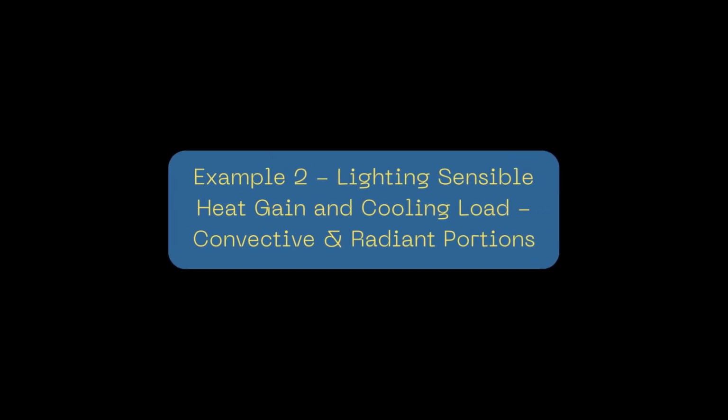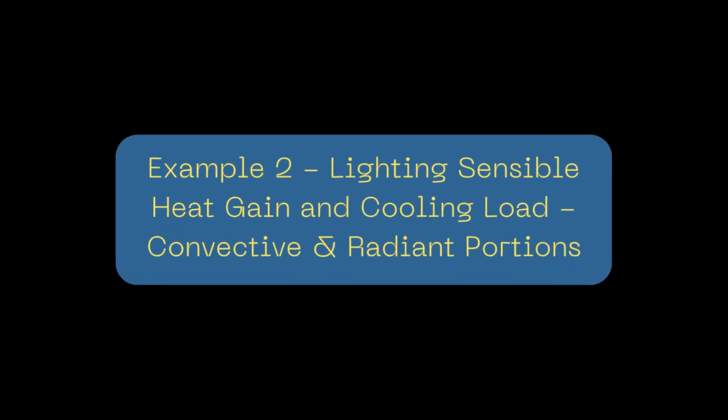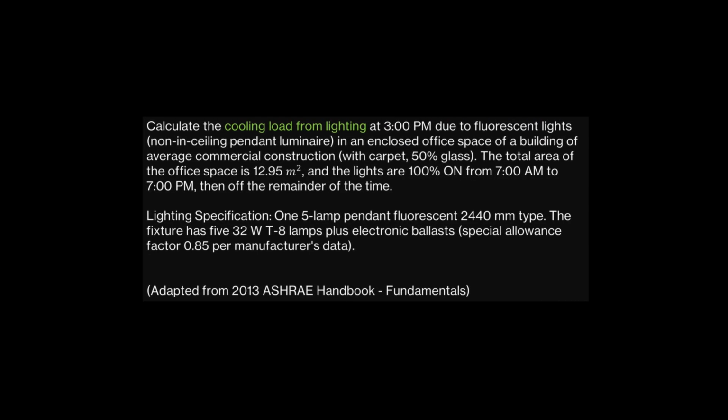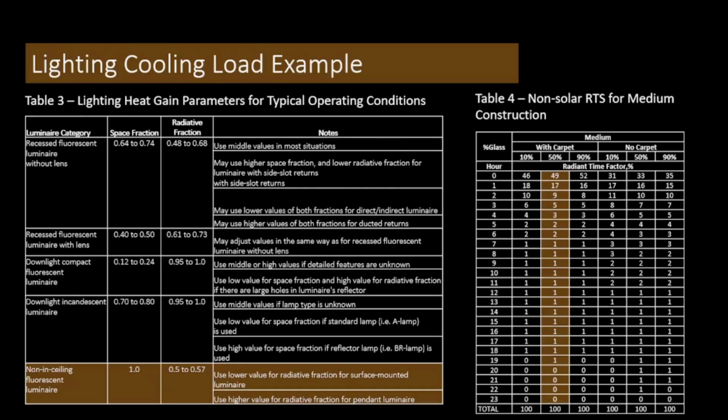Now let's calculate the cooling load for lighting using the radiant time series method. We are going to use the same example as before, just that this time we are calculating the cooling load. So these are the tables that we are going to use, table 3 and table 4.